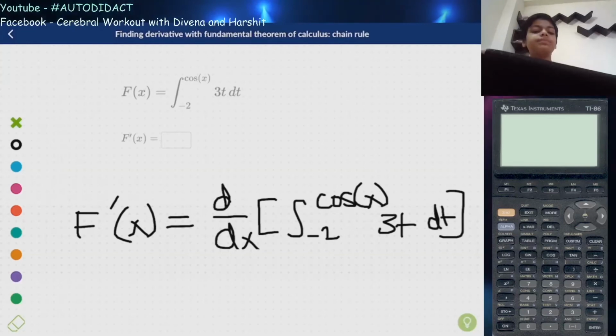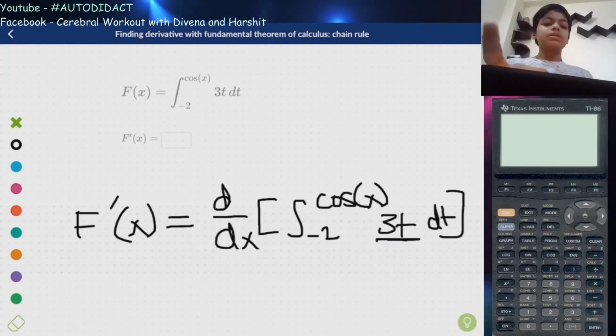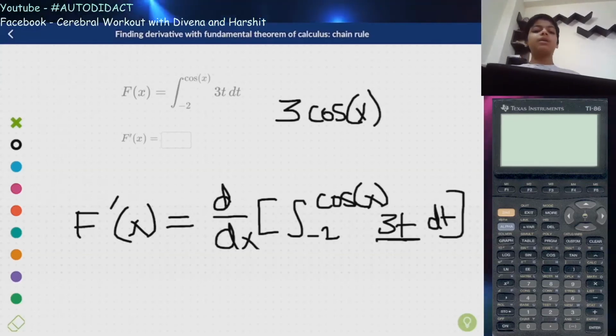Filling in the value, we get 3 times cosine of x, multiplied by the derivative of cosine of x, which is negative sine of x.